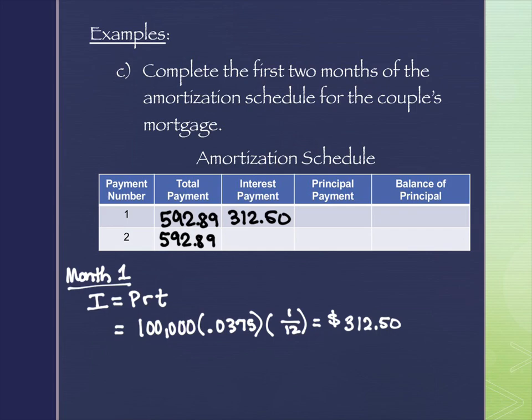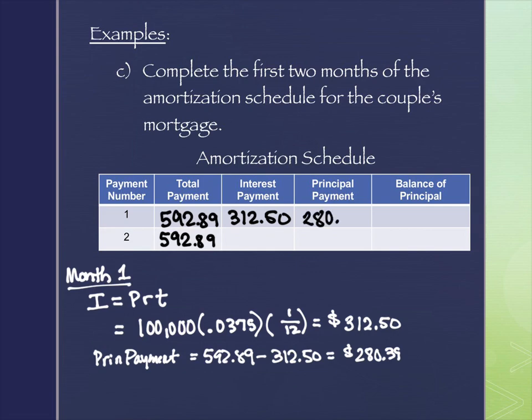The next piece, to find our principal payment, we take the $592.89 and we subtract off our $312.50. And what do we get? 280 point what? 39. Excellent. So up here in our table, this is now 280.39.